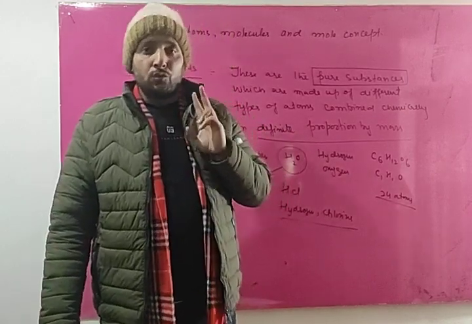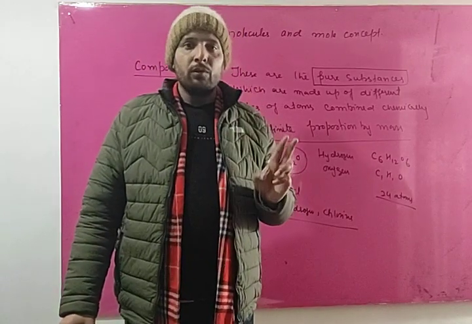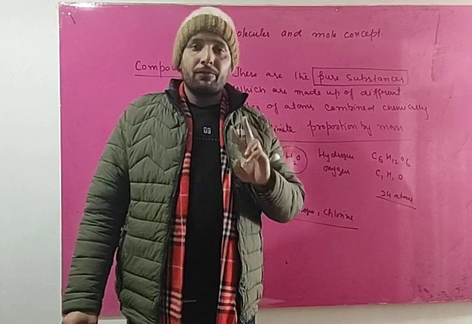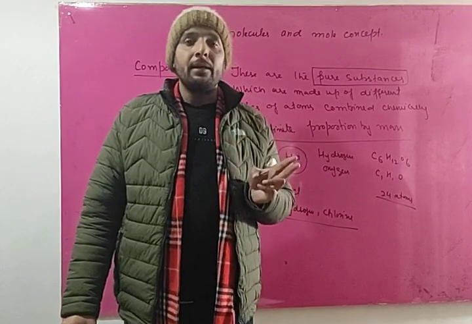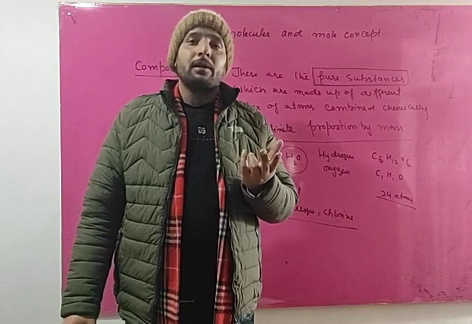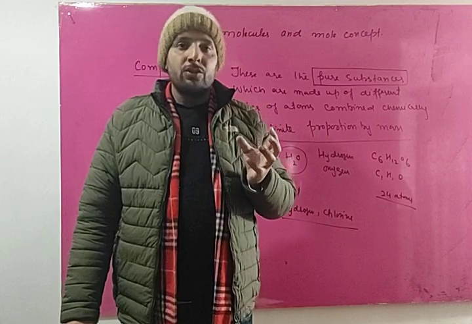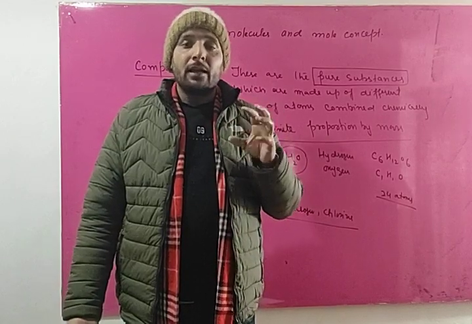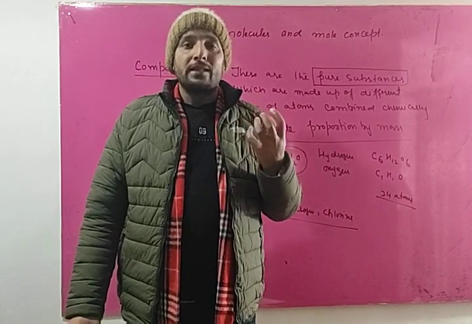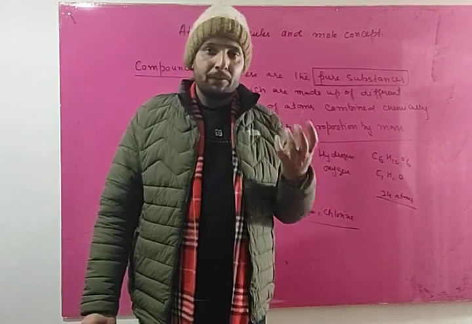When two same atoms combine and they form a molecule, it's again a chemical reaction. They react chemically. And when two or more than two different atoms combine chemically to form a molecule, it's again a chemical change, a chemical reaction, and a new constituent particle comes into existence, right?